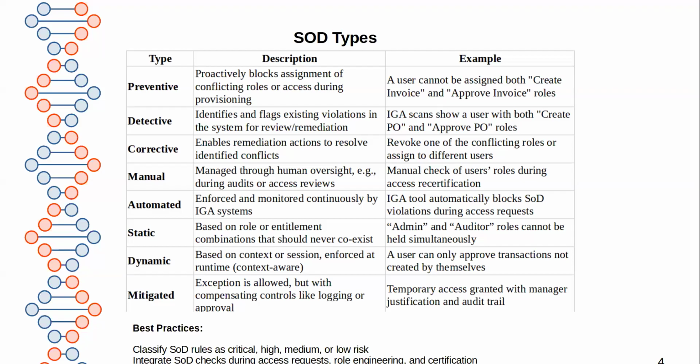Similarly, manual SODs can also be managed through human oversight, like during audits or access reviews. You find that this particular permission and that particular permission are conflicting, so they should not be given to a user. That can be done as manual checks.